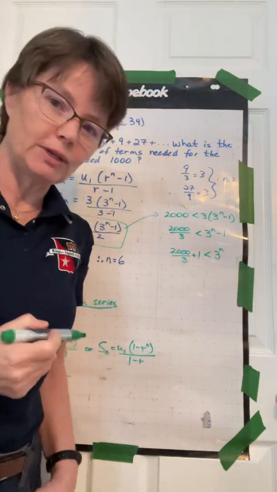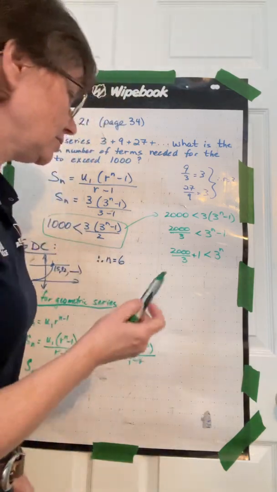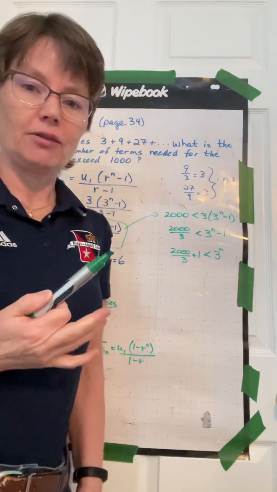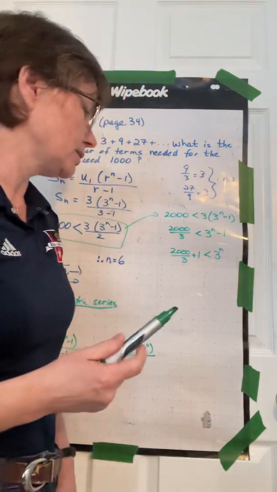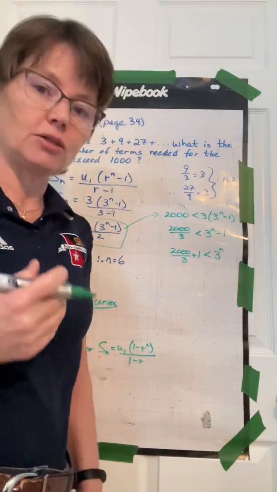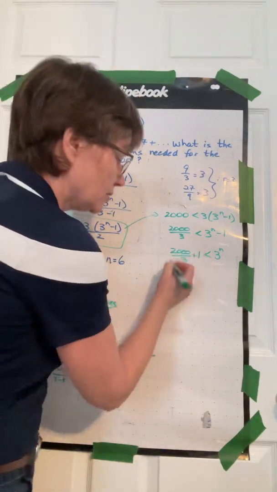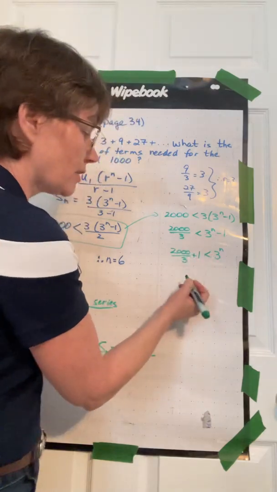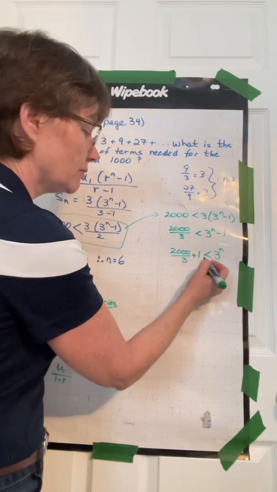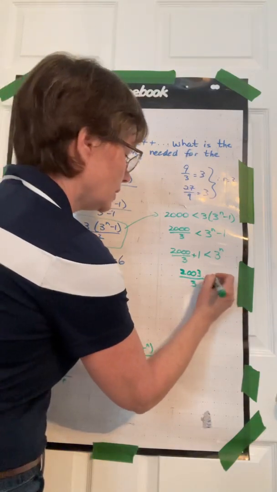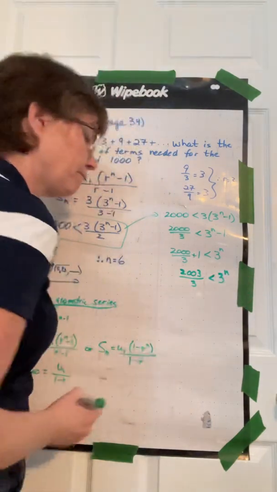Okay, here's where you're going to start to use your logarithms. You guys can do this. We need to solve for an exponent. That's why logarithms were invented, to solve for exponents. That means we're going to need to log both sides of the equation. It might be easier to put this all as one fraction first. So this would be plus 3 over 3. So 2003 over 3. That'll be easier.